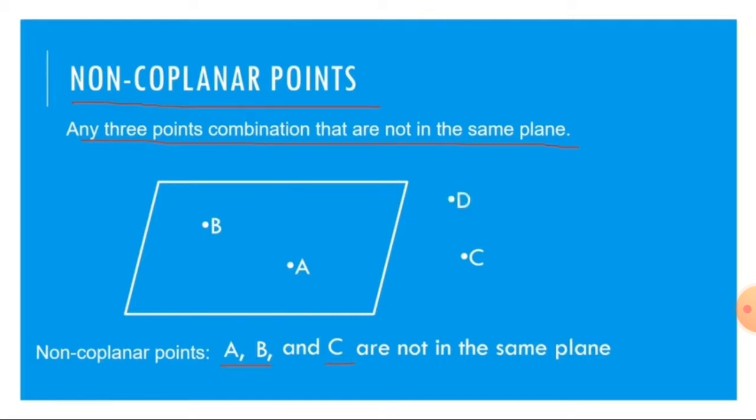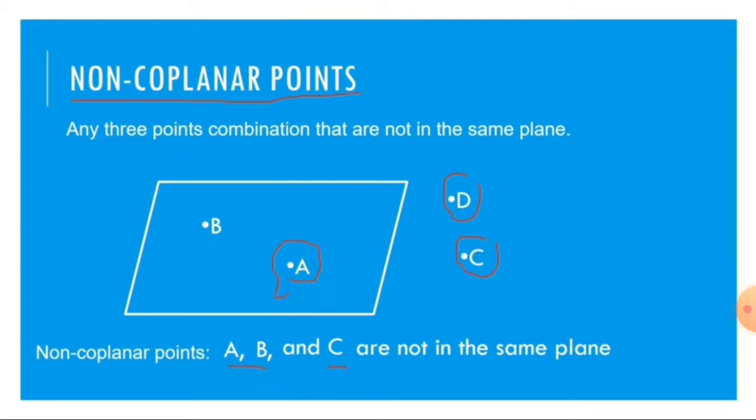Kahit magdagdag tayo ng isa pang letter, si point D, pag pinili natin si point B, si point A, at si point D, so again, non-coplanar pa rin siya kasi nasa labas si D. Pag pinili naman natin si point D, si point C, at si point A, non-coplanar pa rin yan kasi hindi pa rin sila magkakasama sa isang plane.